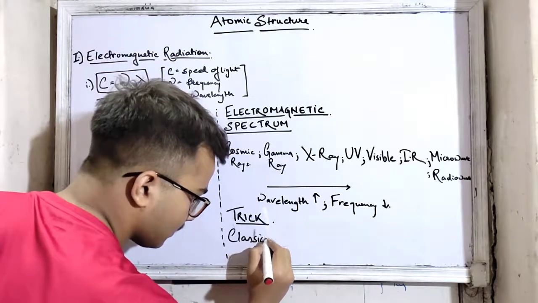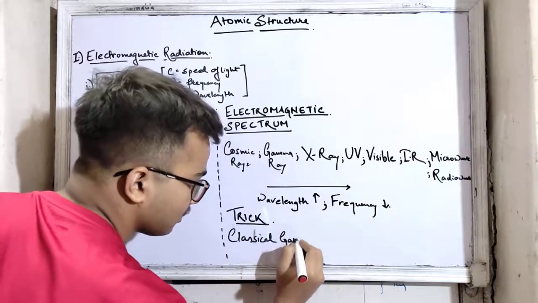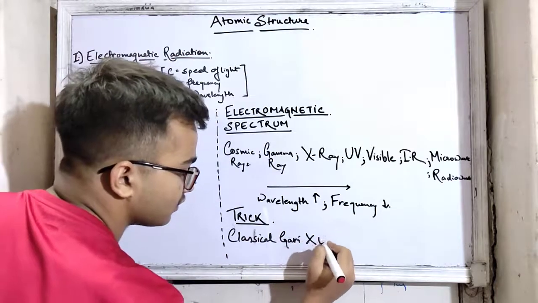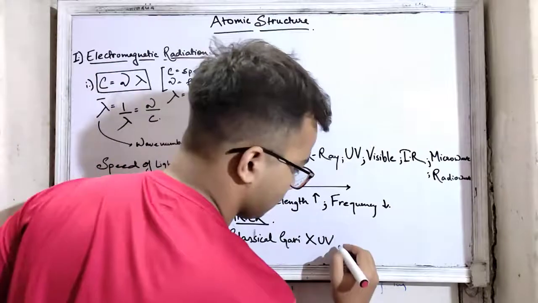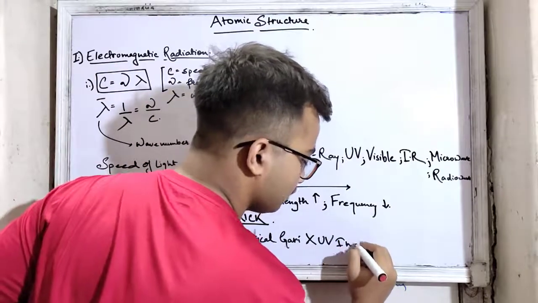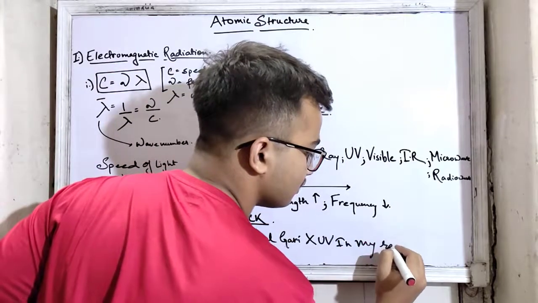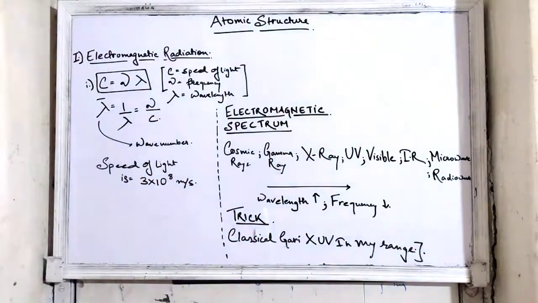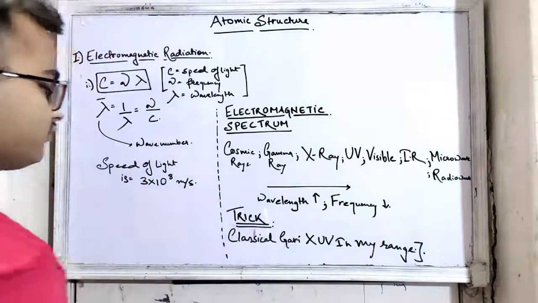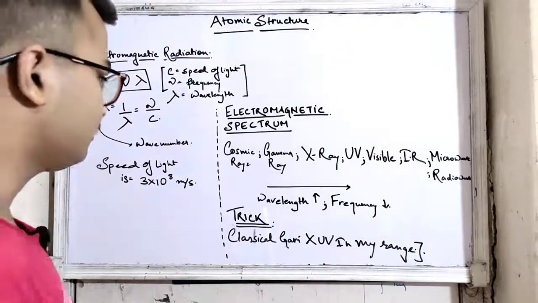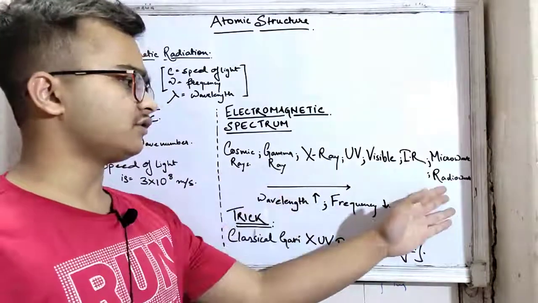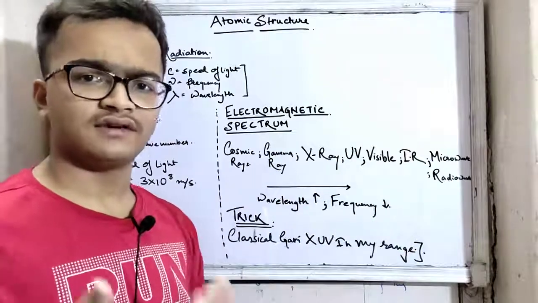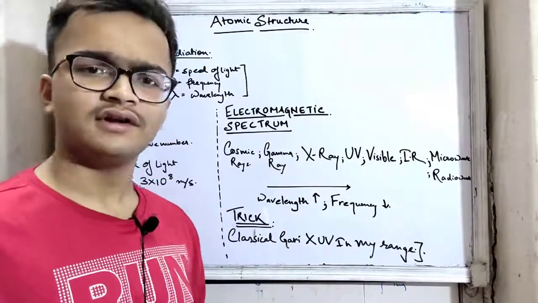So this is the trick for remembering the electromagnetic spectrum. It is from cosmic rays to radio waves. As we move, the wavelength increases, and as a result the frequency will decrease.